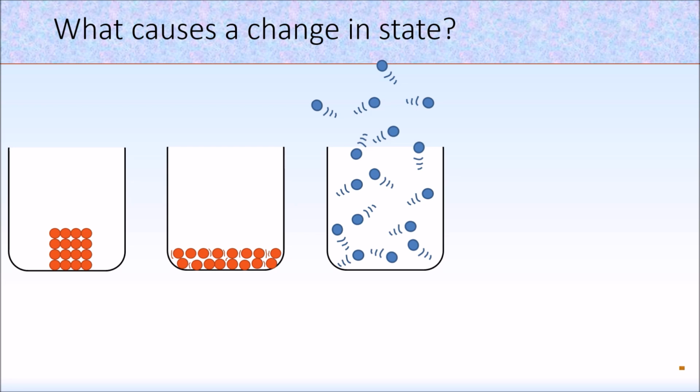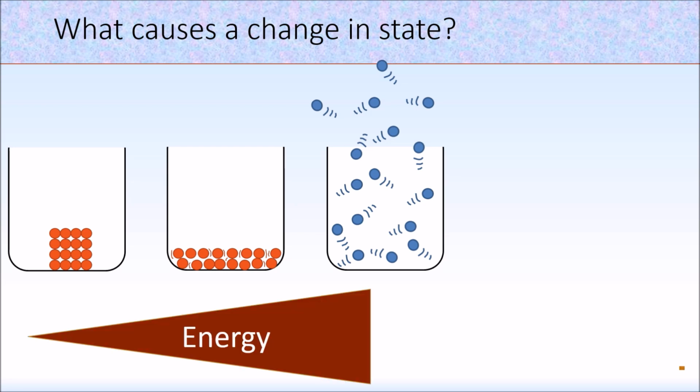What causes a change in state? The state of a substance depends on the temperature. So if you increase the temperature of the solid, it can cause the forces of attraction between each of the particles to break, and therefore the solid can now turn into a liquid.